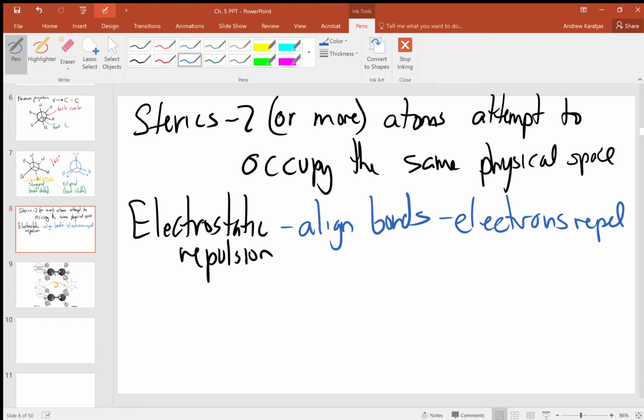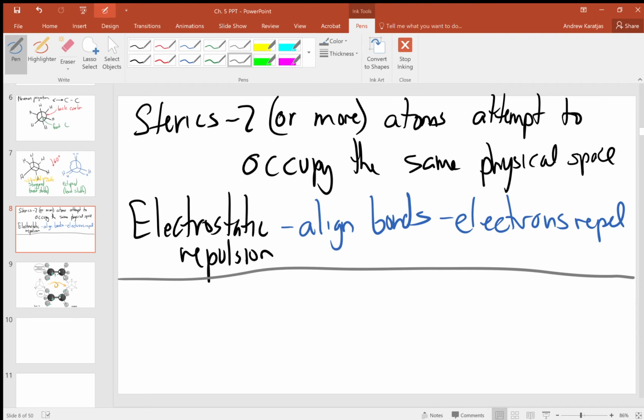But we also have another reason, a third reason, that kind of goes the other direction. This third reason is a reason why the staggered is actually more stable. And that's the idea of hyperconjugation. If you recall, hyperconjugation is something we talked about when we learned about carbocations. And so the same thing can happen, but only in a staggered conformation.